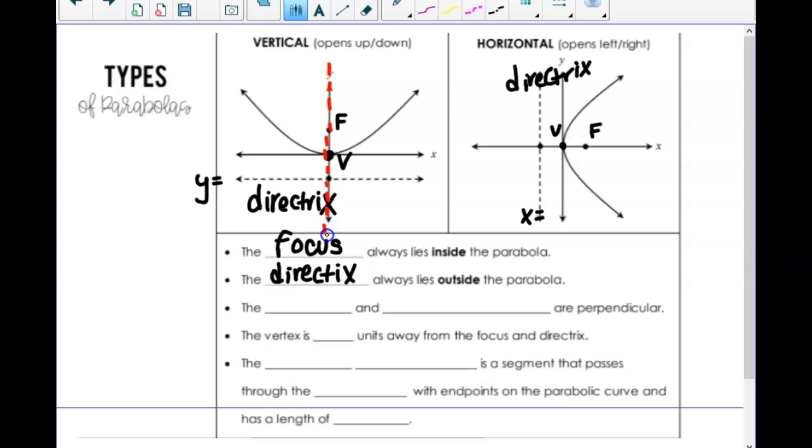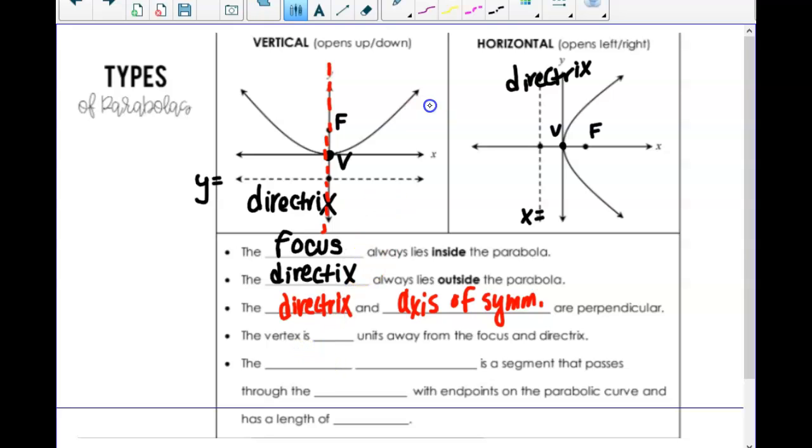Right down the middle? Yeah, axis of symmetry, perfect. So the directrix and the line of symmetry, or axis of symmetry, are perpendicular. That seems clear. It's not something we are going to spend a lot of time with.